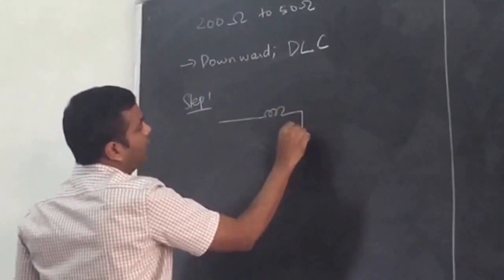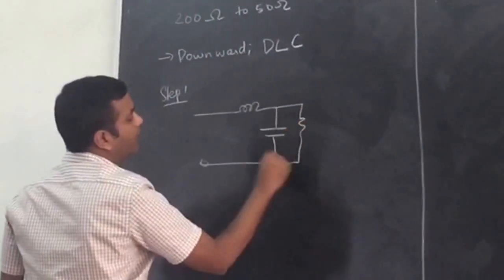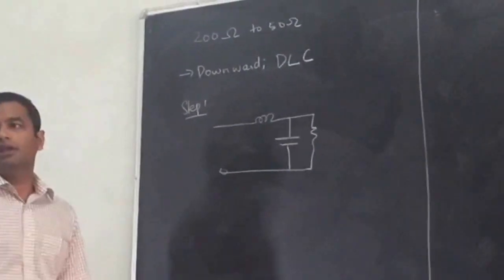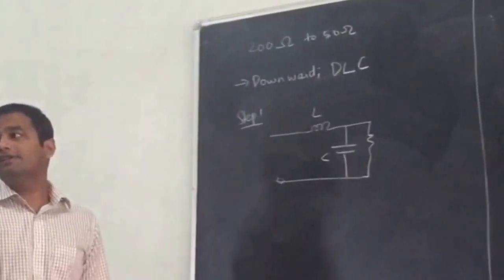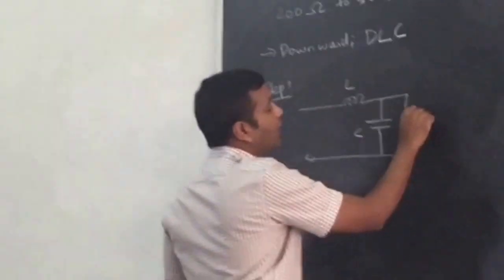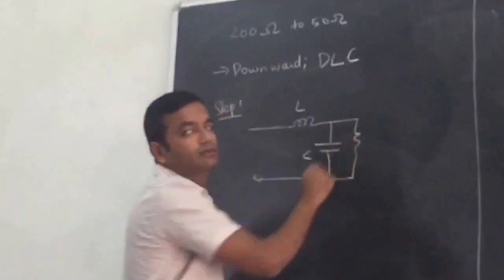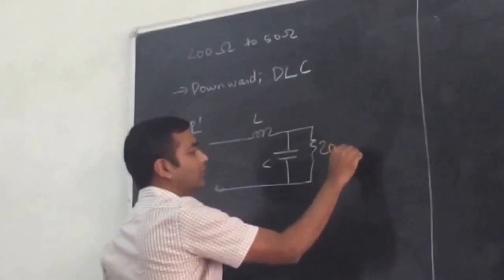So can we do step 1? First is L C. And I have my impedance. This is my L and this is my C. What is the value of this guy? 50 ohm. And this is 200 ohms.